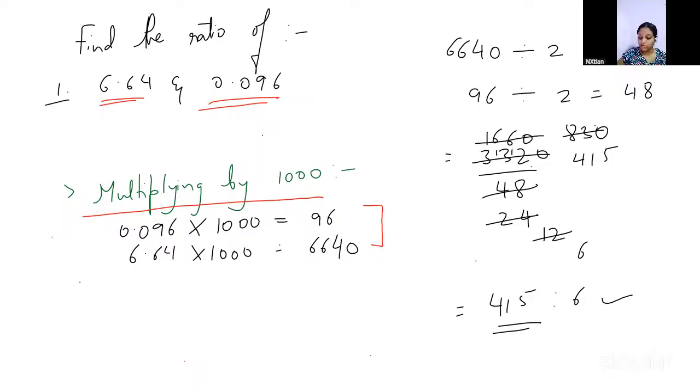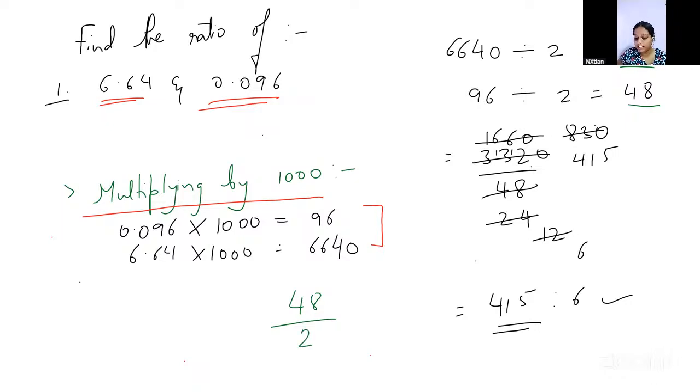So that we can get two smaller numbers. And then we cancel them. Joshua, do you know how to cancel up and down? Yes, ma'am. Like I have 48 divided by 2.